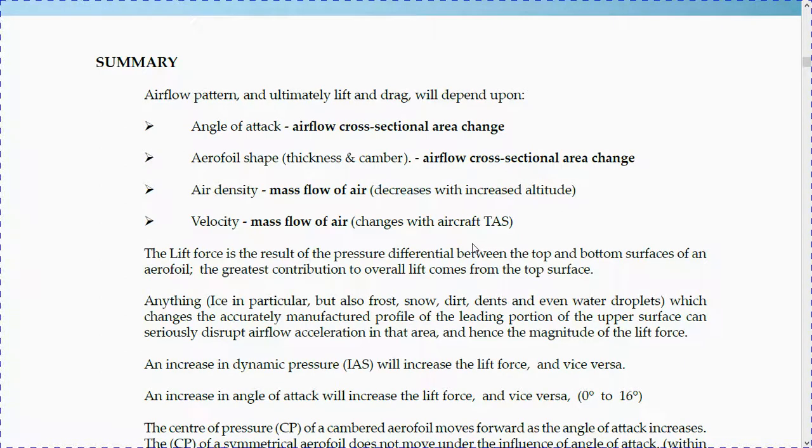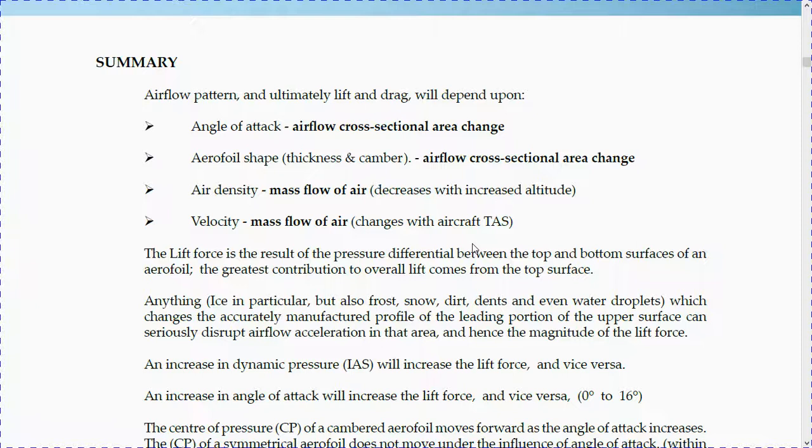And finally, to summarize, airflow pattern and ultimately lift and drag will depend upon angle of attack, so airflow cross-sectional area change. The more the angle of attack, the lower the cross-sectional area, as we've seen in chapter 3.